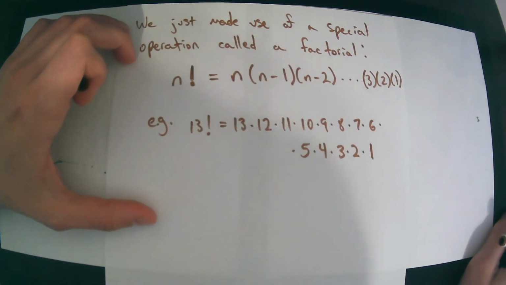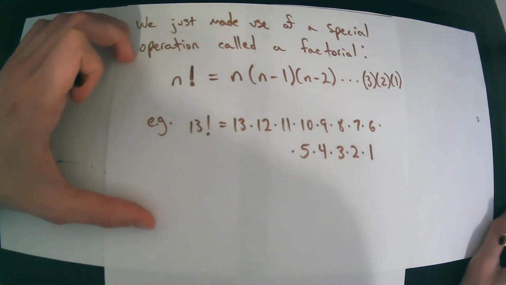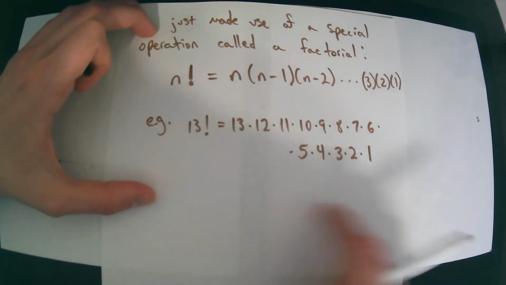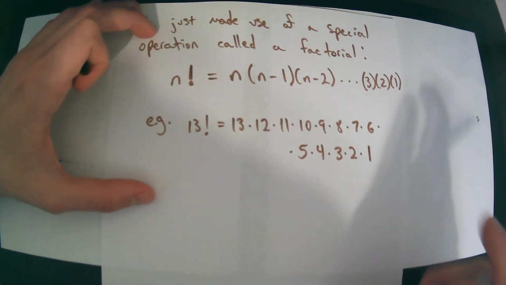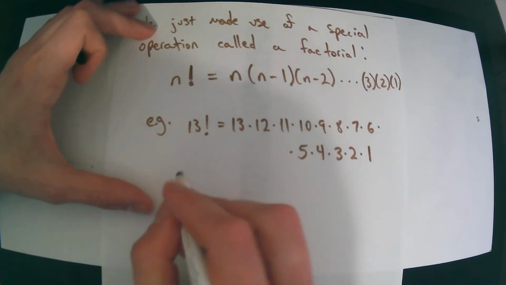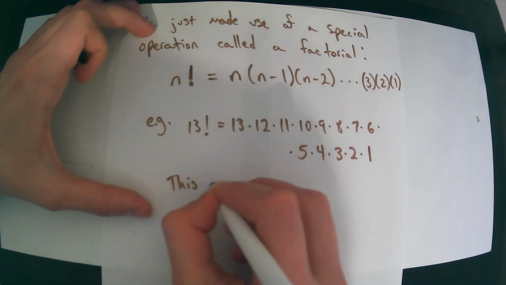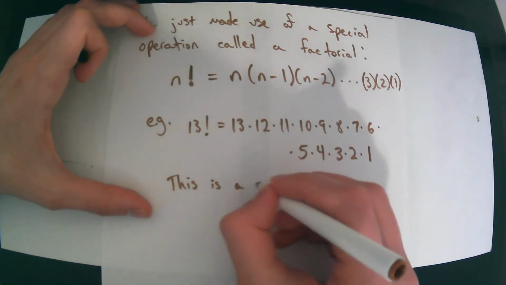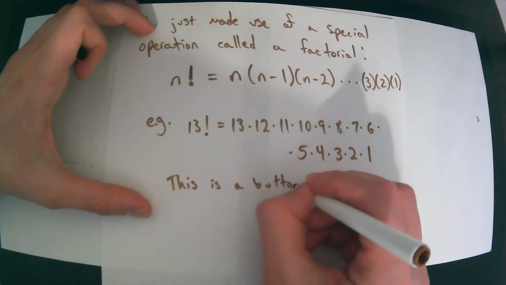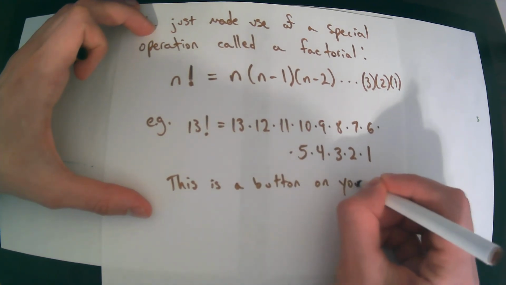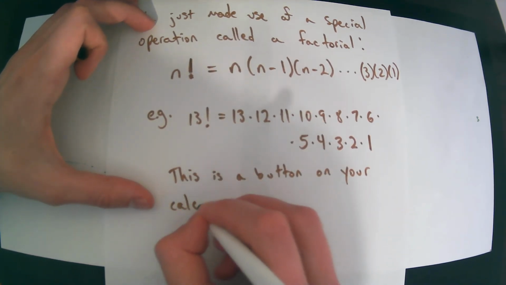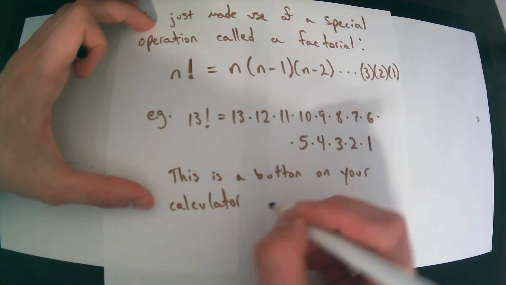And you may say, gosh, this would be awful to plug into a calculator because it takes so long, and you might miss a number. But note, this is a button on your calculator, if you have a scientific calculator.